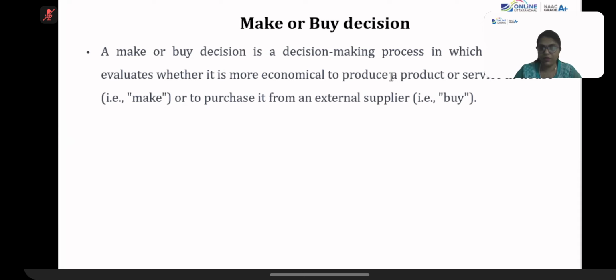Now, let's take an example. A company may choose to make the product if there is excess production capacity. But if the company finds that the cost is exceeding the budget, it will say, I will purchase it from the external supplier, keep my profit margin in between, and then sell that product.